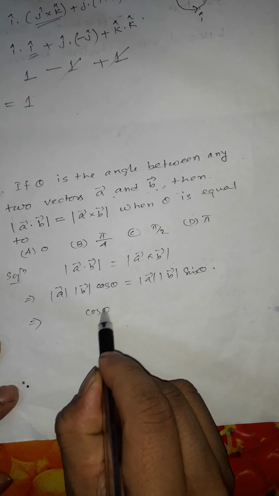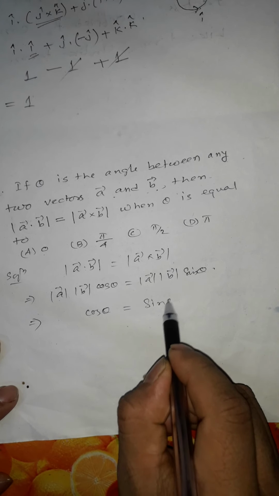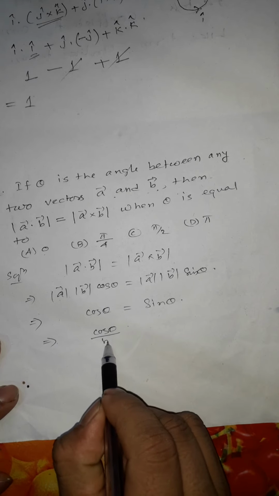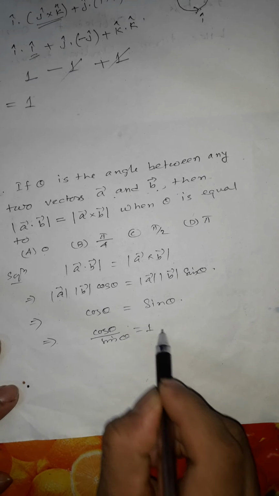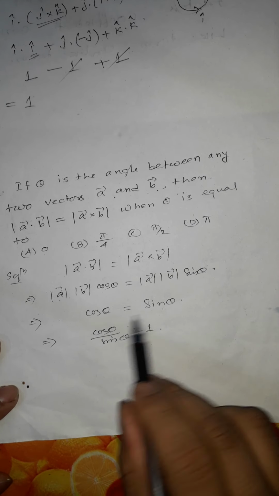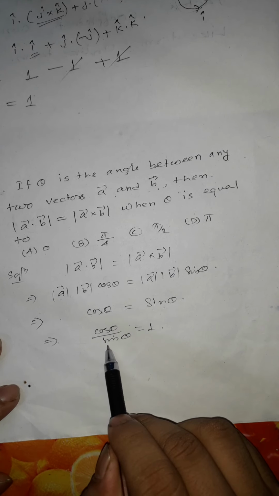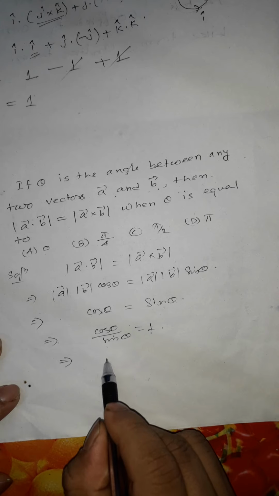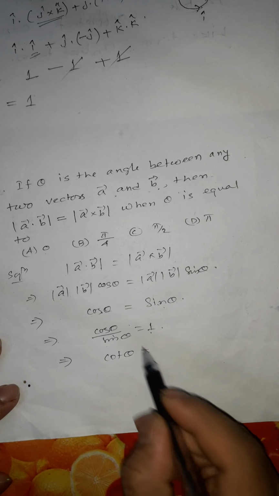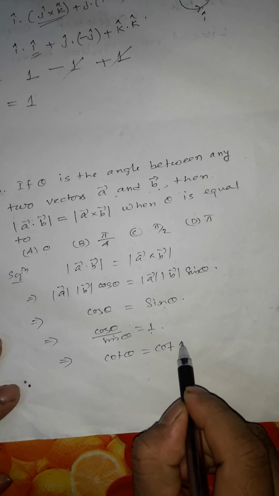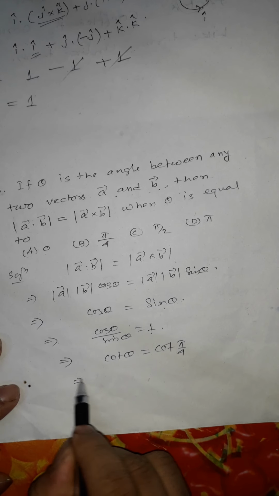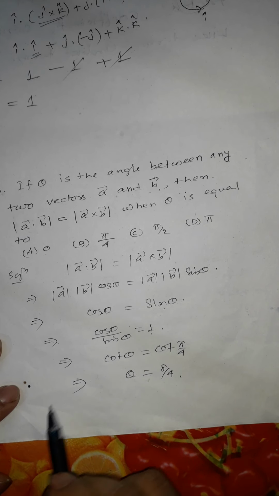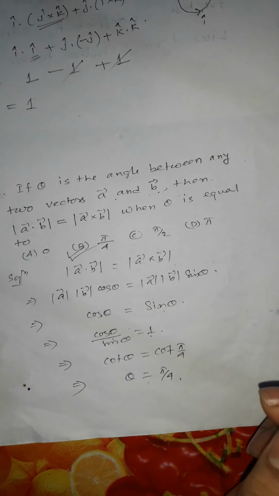Then we will get cos theta equal to sin theta. Dividing both sides by sin theta, cos theta by sin theta is equal to 1, and cos theta by sin theta is cot theta, 1 equal to cot 45 degree or pi by 4. So theta equal to pi by 4. So B is the correct option.